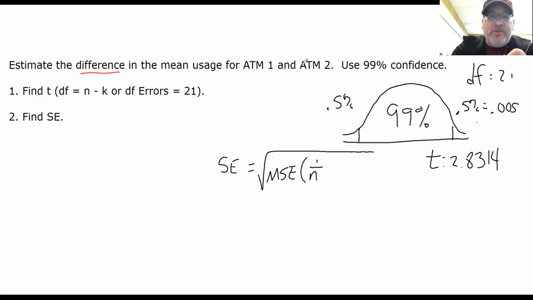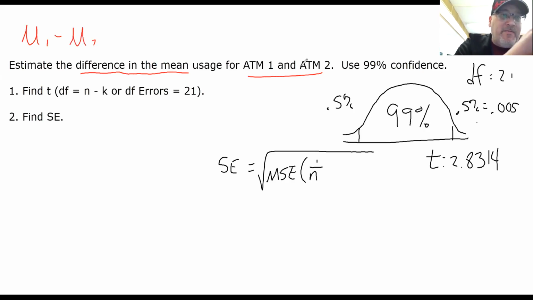If we're looking at the difference in the mean usage for ATM1 and ATM2, then it's reasonable to say that we're going to estimate mu1 minus mu2. But honestly, it could be mu2 minus mu1. It really doesn't matter what order you set up the subtraction problem, as long as you're consistent with what you call first and second. So we'll say all the ATM1 stuff is first and all the ATM2 stuff is second. That makes sense.